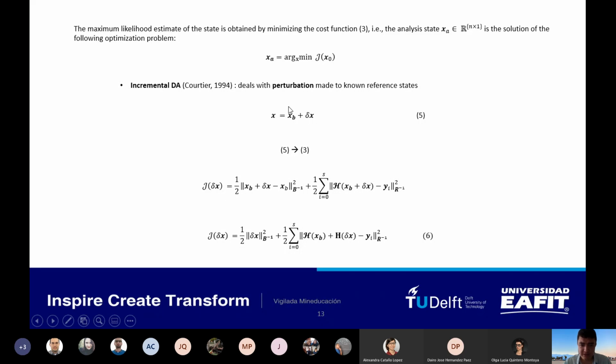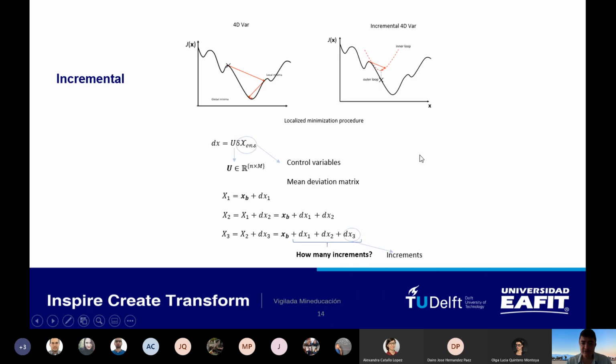The minimization through the incremental method consists in understanding the next state, or the update of the state, as the background plus an increment. If you modify the cost function in terms of this incremental perturbation, you have this expression, and making some algebra, you can have expression 6, and expression 6 is the new functional in terms of the increments.